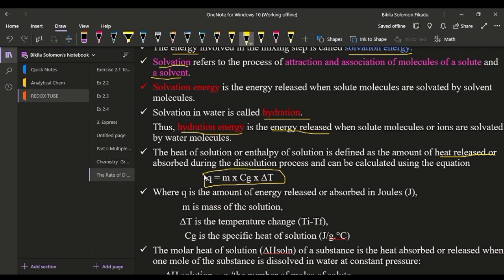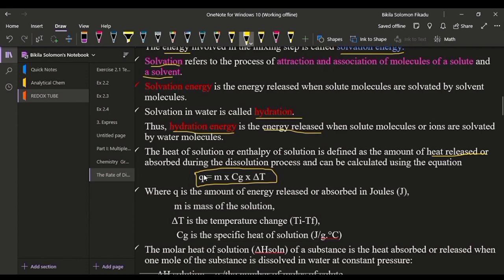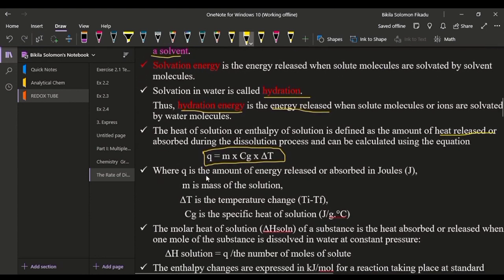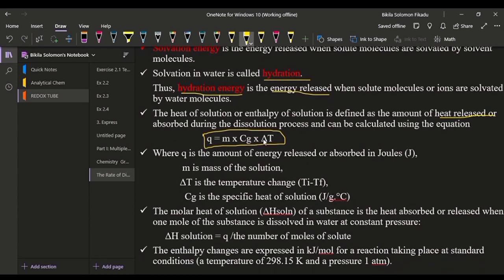So Q equal to M times Cg times change of T. So where Q is amounts of energy released or absorbed ta'uu danda'a yookaan immoo easy released jechuudha. Kana jechuun endothermic yookaan exothermic jechuudha.